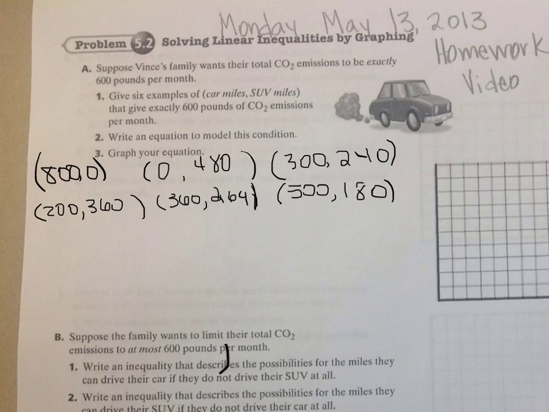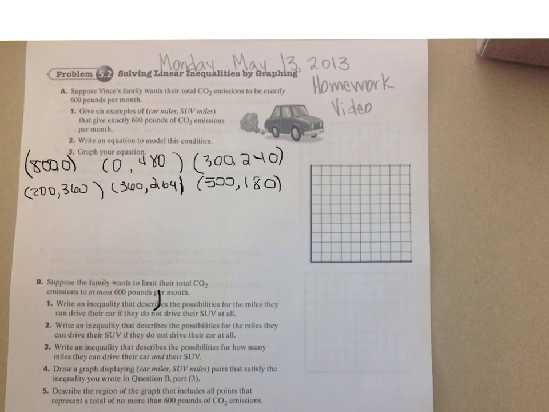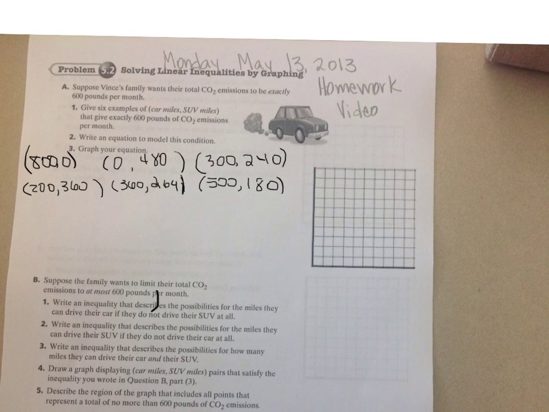Okay, so the 6 examples that I found are written here below. An equation to model this situation would be 7/500 x plus 1 25/100 y equals 600.